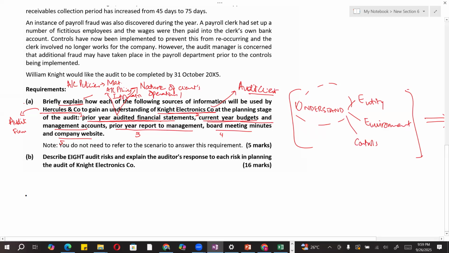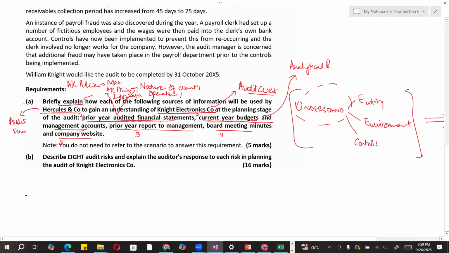Then comes in the budgets and management accounts. Why would an auditor read the budgets and the management accounts? These could be helpful in, for example, performing your analytical procedures.